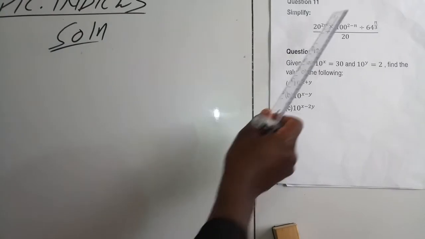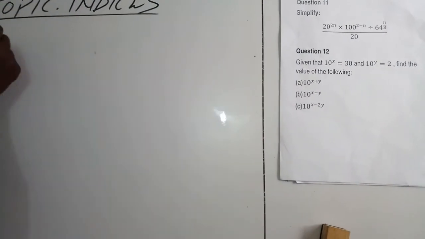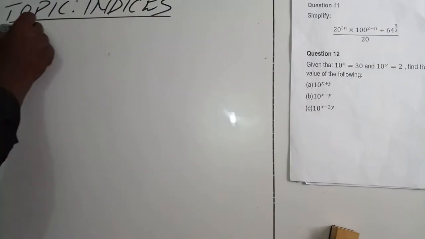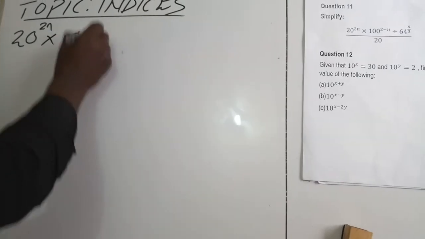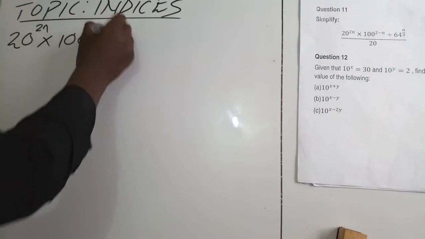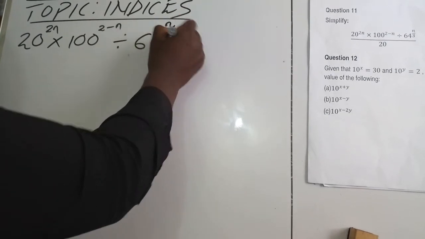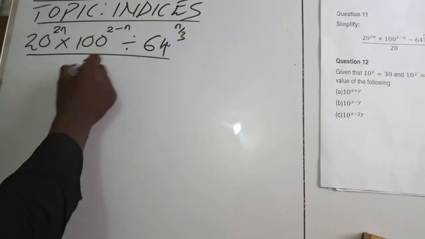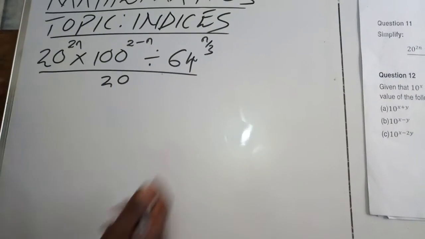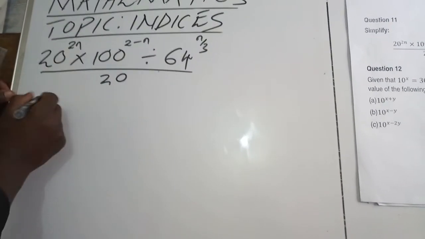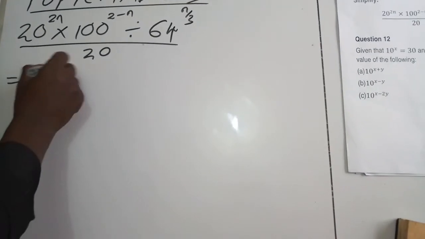Simplify 20 power 2n times 100 power 2 minus n divided by 64 power n over 3, everything over 20. So what do we do? We apply the appropriate laws of indices. Now this one here, I'll say, is equal to, maintain it the way it is.